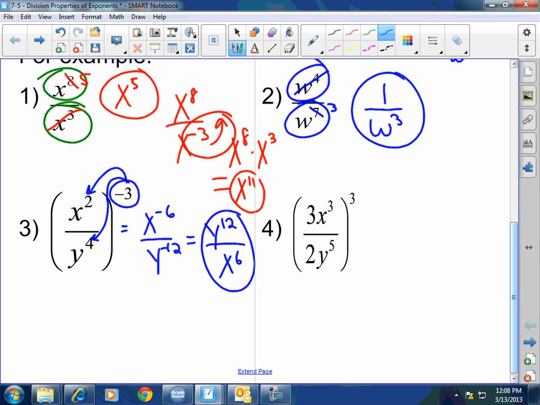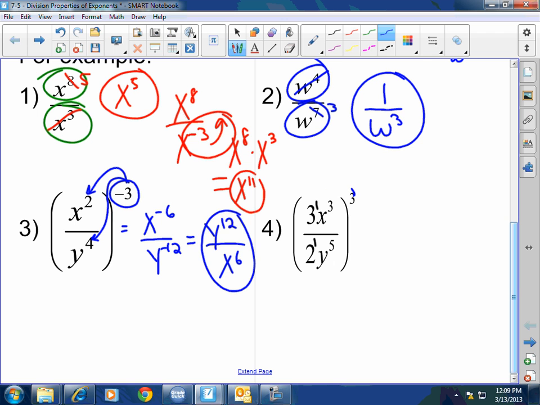3x cubed divided by 2y to the 5th raised to the 3rd power. When I raise a power to a power, I distribute that power to every single exponent. Please remember, guys, that there's an invisible 1 exponent for the 3 and an invisible 1 exponent for the 2.